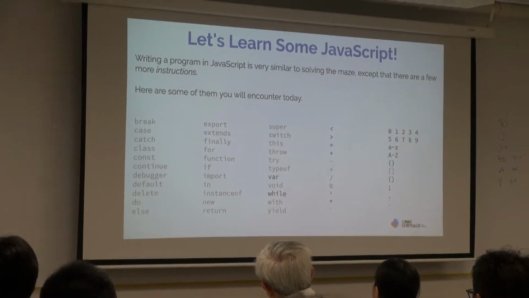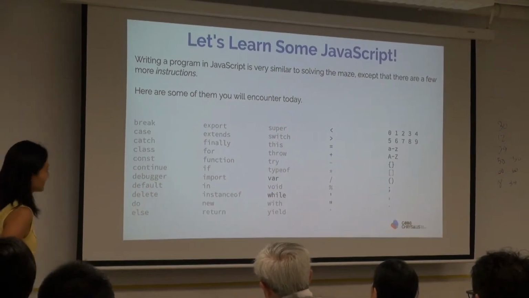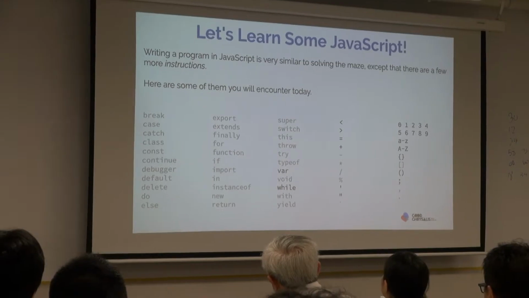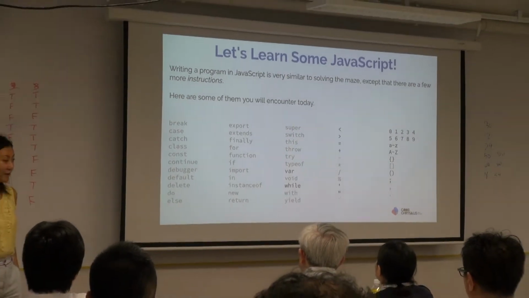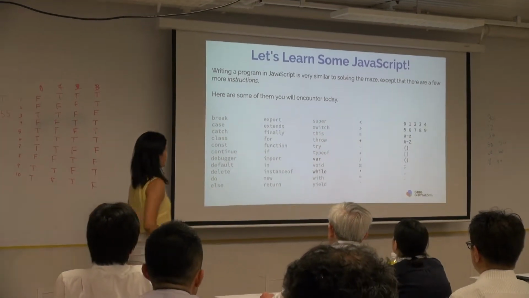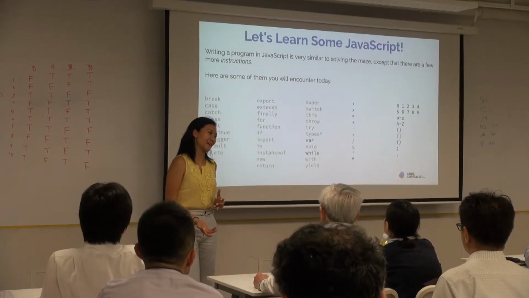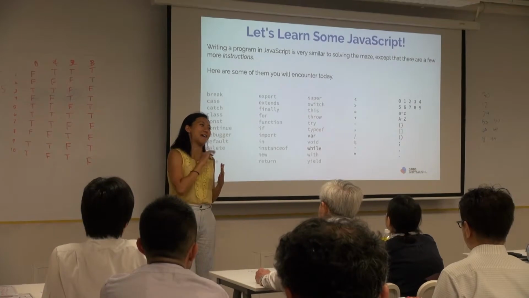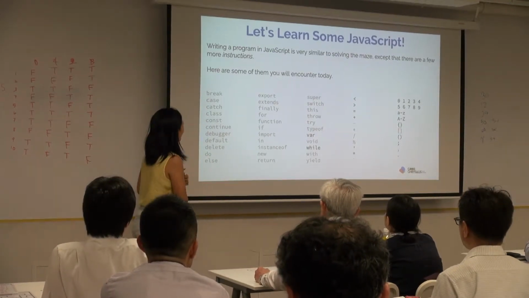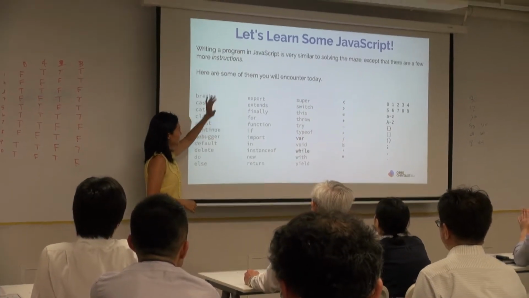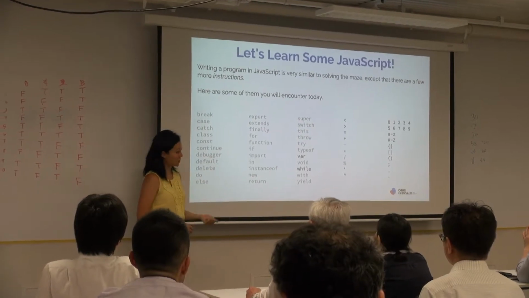So we will be learning a little bit of JavaScript today. Writing a program in JavaScript is very similar to solving the maze, except there's a few more instructions, right? We don't just have T and F, right? So here are some of the instructions that you will encounter.